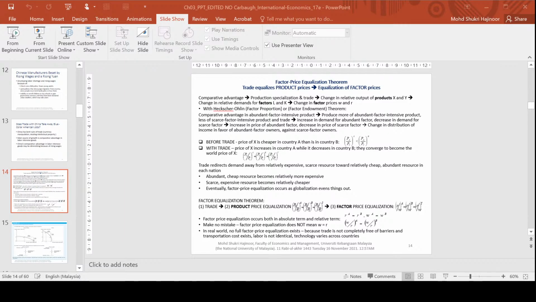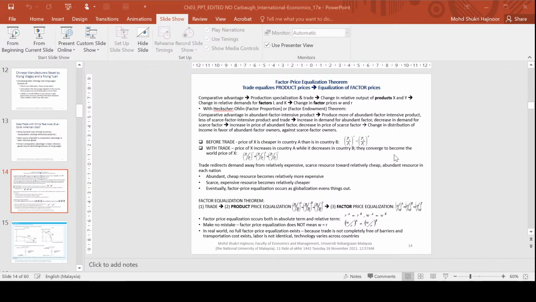As a result, demand for labor decreases, wages go down. In other words, equalization. So this is factor price equalization. By forcing product prices into equality, international trade also tends to force factor prices into equality across countries. Where is this? Product prices. Trading.